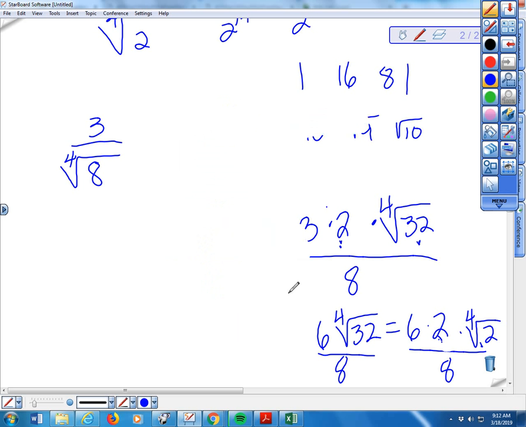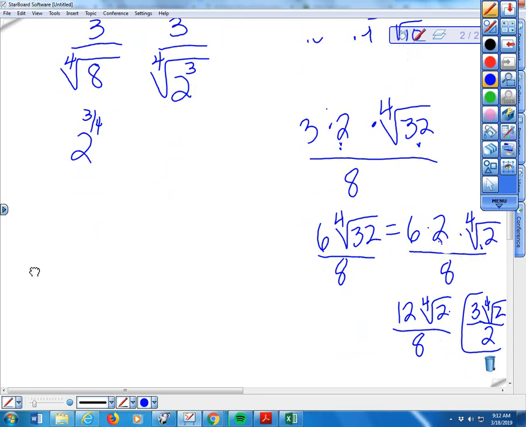All right, so what I do with 8, I know 8 is 2 to the third power. So I'm going to rewrite this. How do I write this as a fraction? 2 to the 3/4. Right? The 3 is on top, the 4 is in the denominator. Okay? So I've got 3 over 2 to the 3/4.